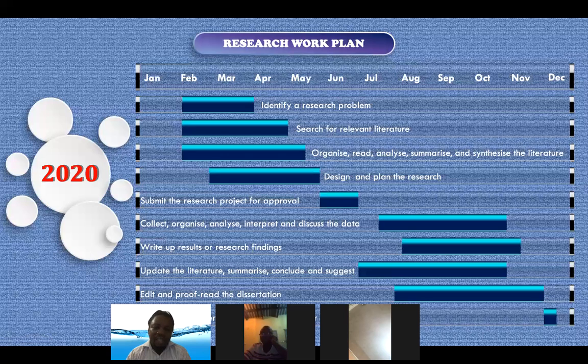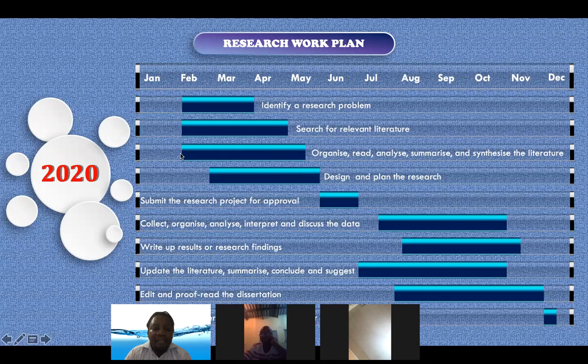You can see that the gathering of literature started at the same time as the identification of the problem, but it went longer. When the identification of the problem ended right at the beginning of April, the gathering of literature ended right at the beginning of May.